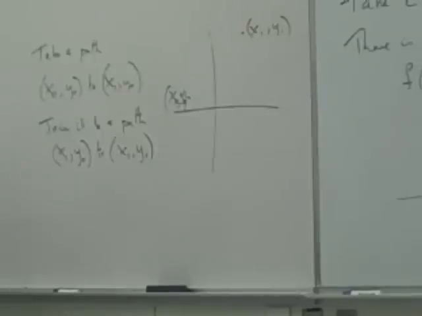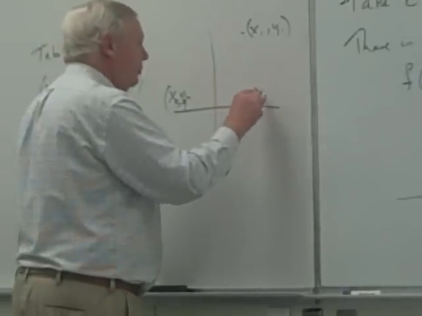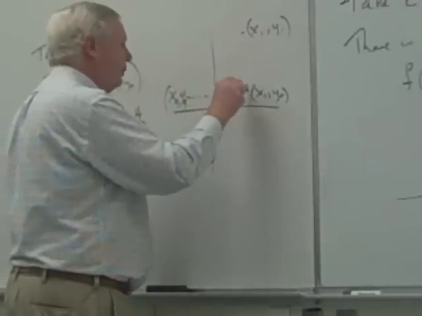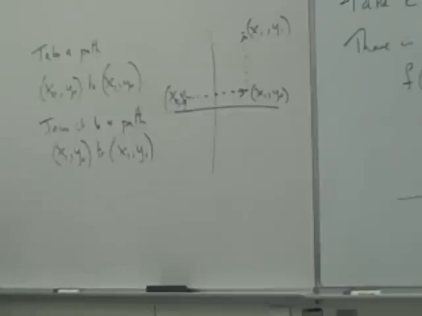So we would first of all go over to the point (x1, y0), and then we would go up like that. So the Cartesian product of connected spaces is connected, pathwise connected.